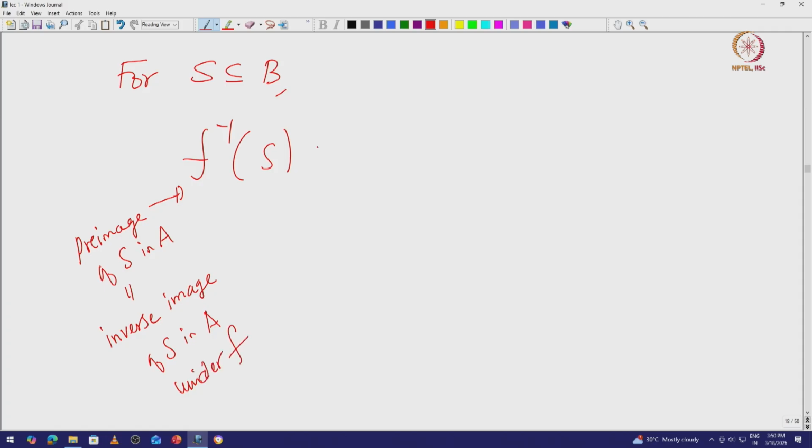Okay. This is defined to be the collection of those a in A such that f of a is an element of S. Okay. So this is what we call the inverse image.